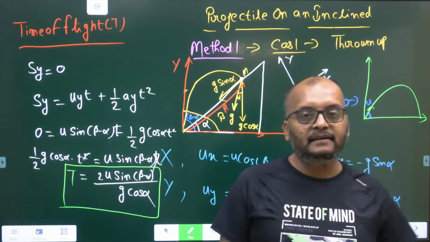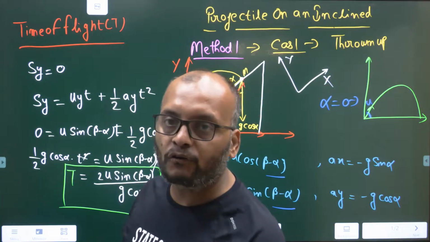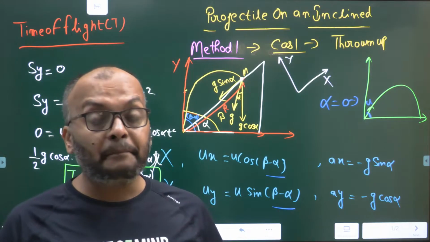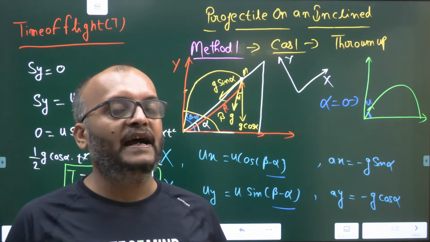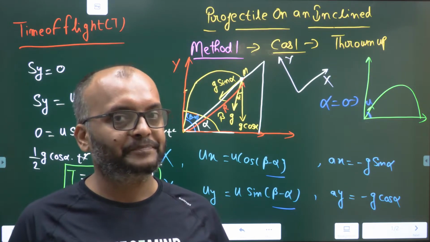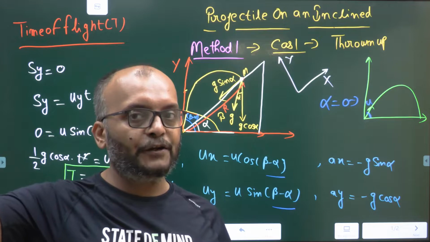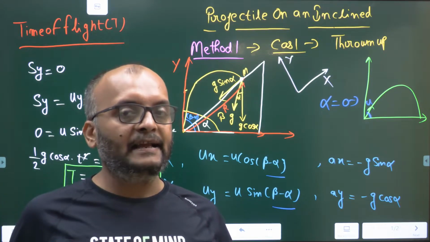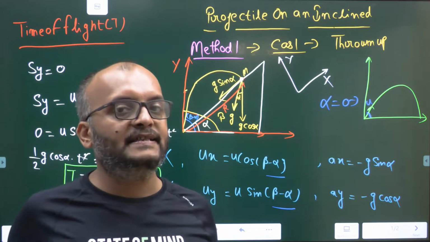So take the horizontal component of u and multiply it with time of flight. You will get the horizontal distance. Yes or no? Horizontal component of velocity multiplied by time will give you horizontal distance.